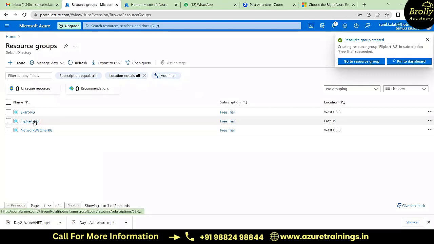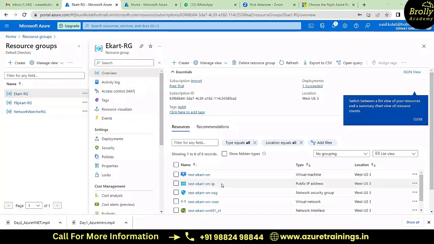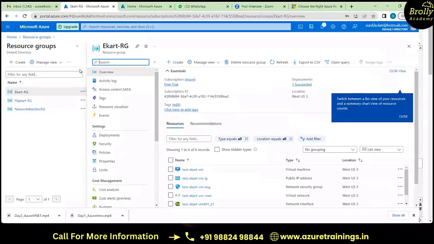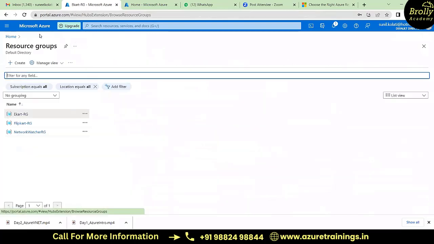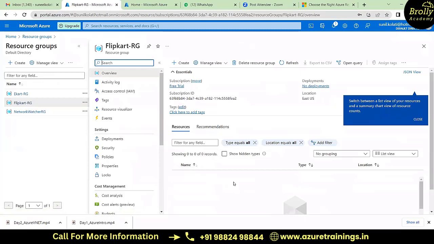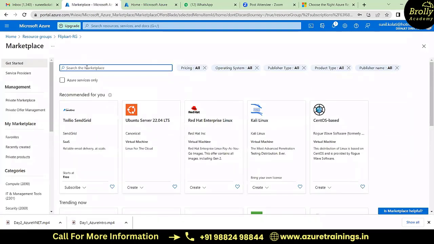Now I have one eCart resource group where I have all the resources related to eCart, and I have one more resource group, which is Flipkart, where I am going to place all the resources related to the Flipkart application. Here, I can simply go and create. Here, select virtual machine.